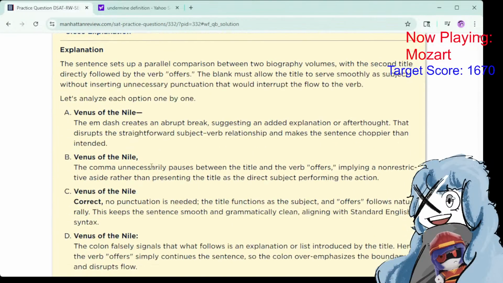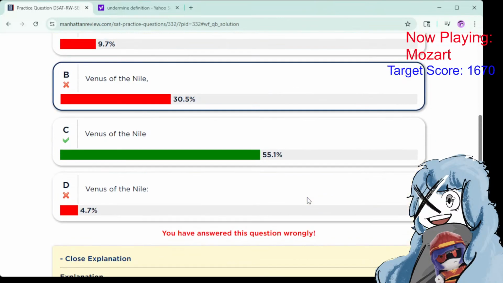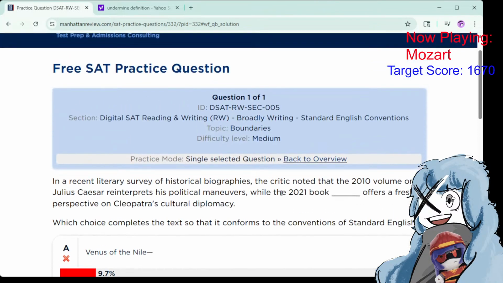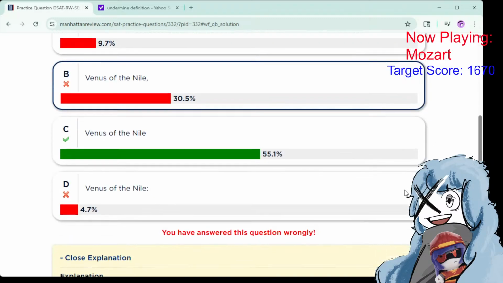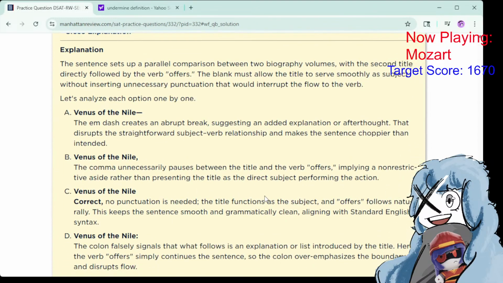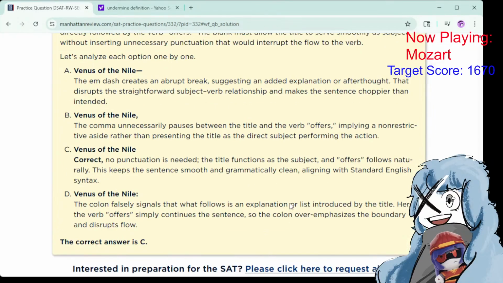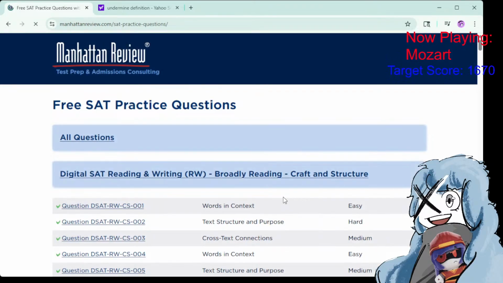Let's see. No function needed. Function as the subject. No, it doesn't. Yeah, whatever. I don't agree with that.